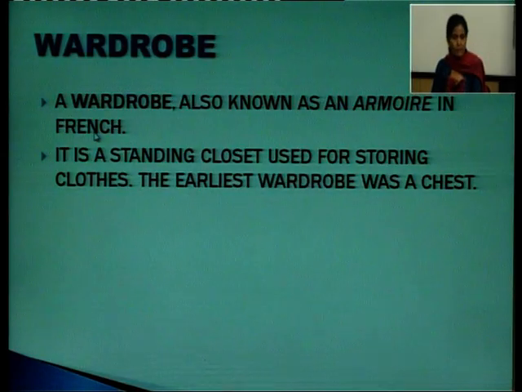For example, cupboard is called closet in American English, and similarly a wardrobe in French is called armoire. It is a standing closet used for storing clothes. The earliest wardrobe was a chest.